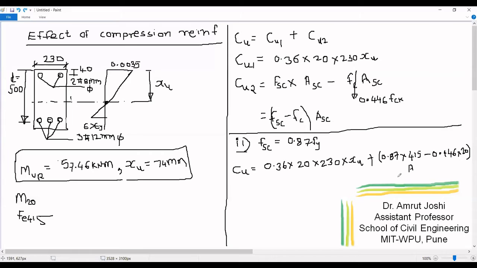But area of compression steel is also known, and that is 2 into pi by 4 into 8 square.